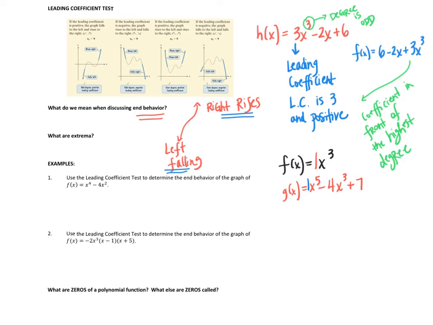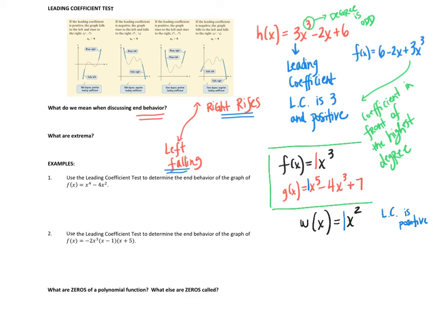Okay, well then let's think about another parent function that's different. Let's think about w of x equals x squared. So this is your basic parabola. So notice the leading coefficient is positive.